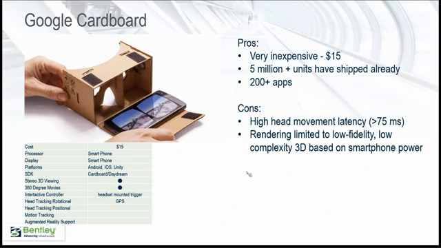The downside of the Google Cardboard is the same downside as all phone-based VR solutions, in that it has a very high head movement latency, greater than 75 milliseconds. And so basically you're limited to low fidelity, low complexity images. But you can still produce some very interesting, eye-catching things, as I will demonstrate later on.